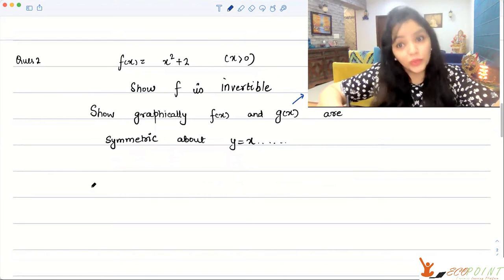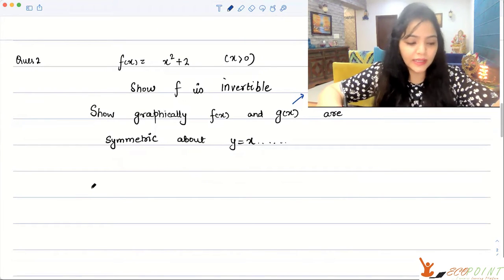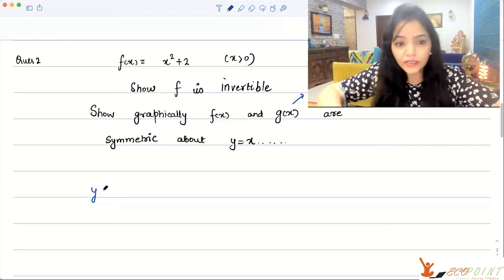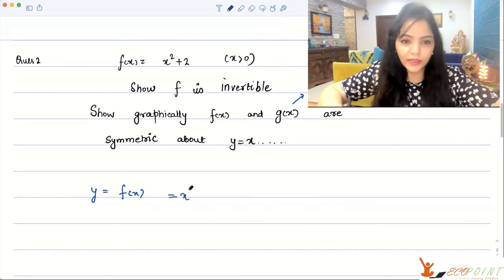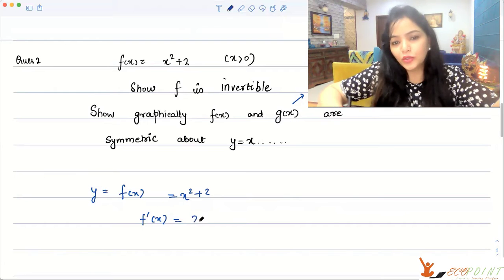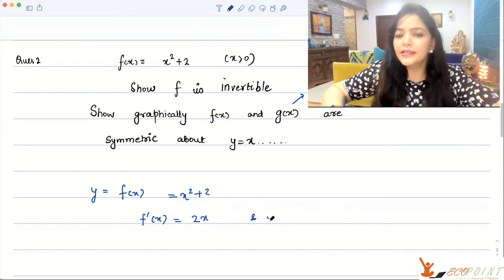Well, f is invertible means that I need a one-to-one correspondence. So y equals f(x) equals x squared plus 2, which means f'(x) is equal to 2x, and x is greater than 0. It's given, it's strictly greater than 0.